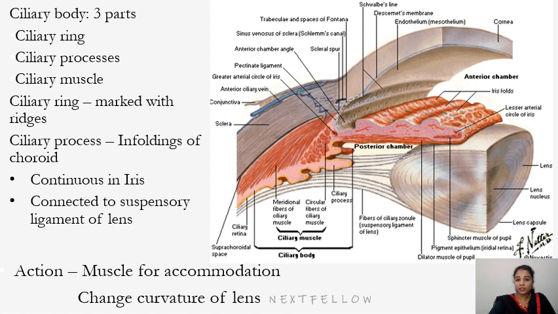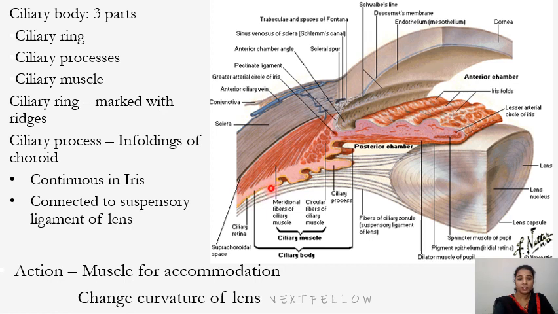Next, the ciliary body. What you are seeing here is the muscle present within the ciliary body. The ciliary body contains three parts: ciliary ring, ciliary process, and ciliaris muscle. The ciliary ring is marked by peripheral ridges.